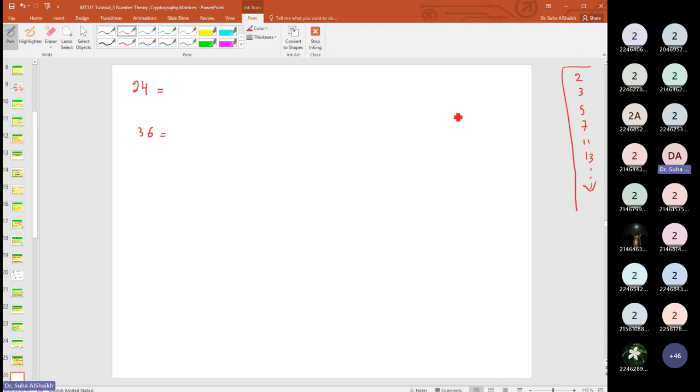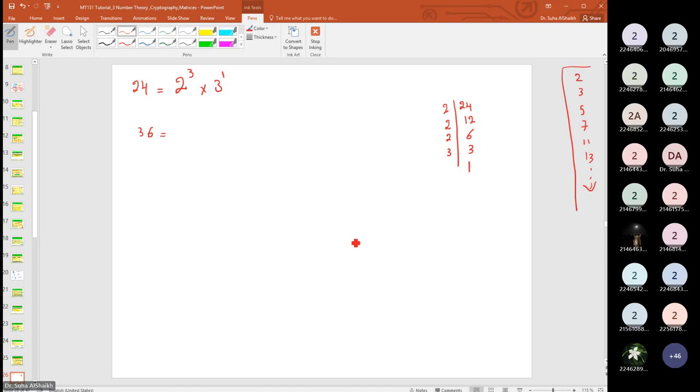Use them to prime factorize the 24. The 24 is divisible by 2, and the result is 12. Divisible by 2, the result is 6. Divisible by 2, 3, 3, and 1. So we can say that the 24 is 2 power 3 multiplied with 3 power 1.